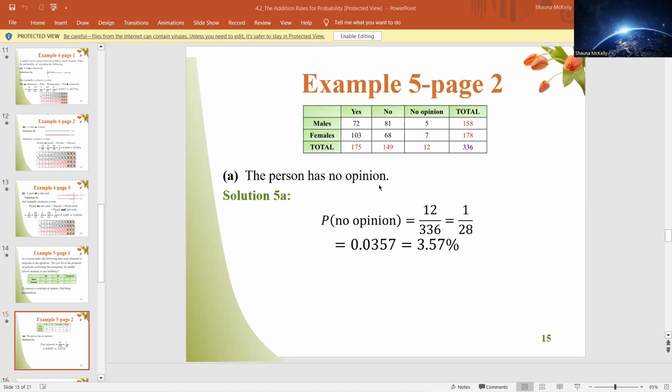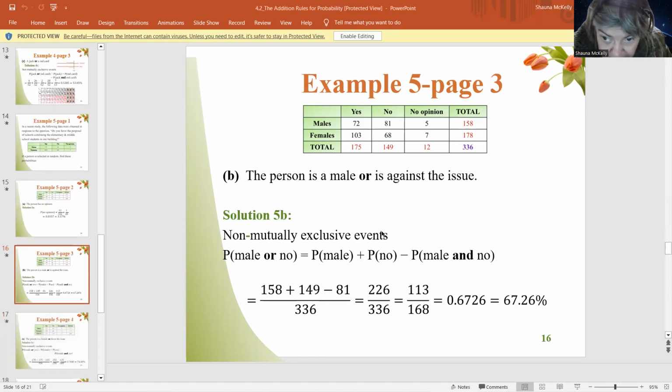Notice that this is the number of people who fit the category, the number of ways to have the event over the total number in the sample. Okay. Then she reduces the fraction, gets the decimal, and converts it to a percentage. Okay. Now, let's look at the next slide.